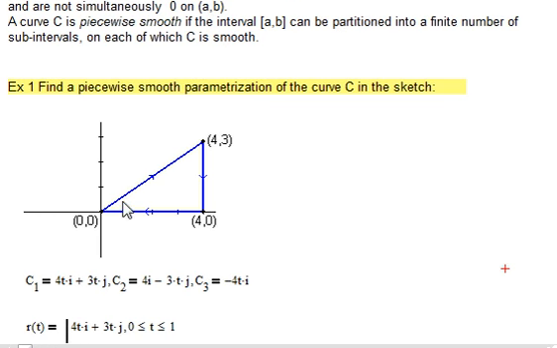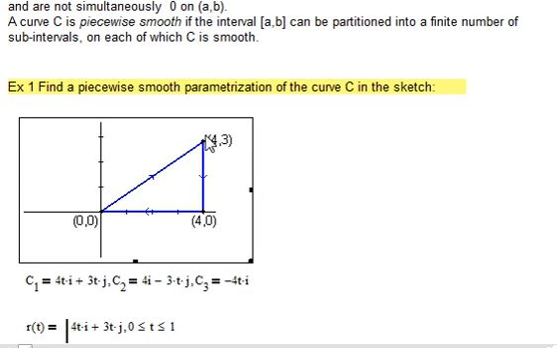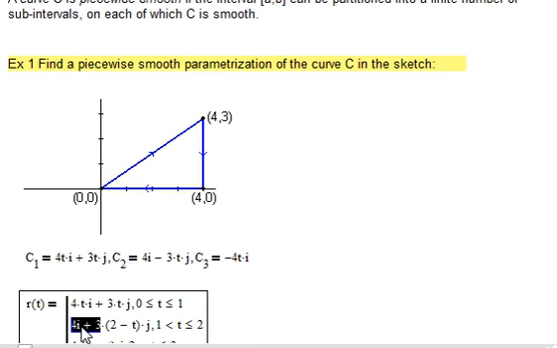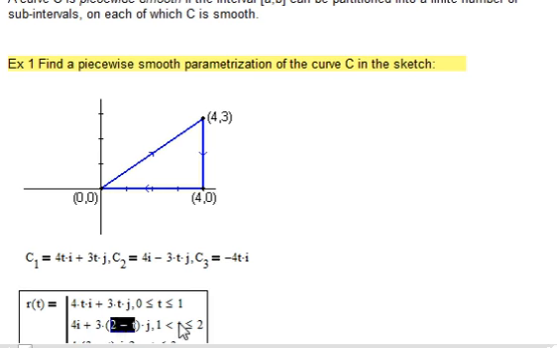This one, we nailed that already. 4ti plus 3tj, t going from 0 to 1. Here it is. But when we look at this path, of course we already nailed the fact that the i component is going to be a constant at 4i, but now plus 3 times (2 minus t), t going from 1 to 2. See, we need to start at 1 and work our way up to maybe 2.